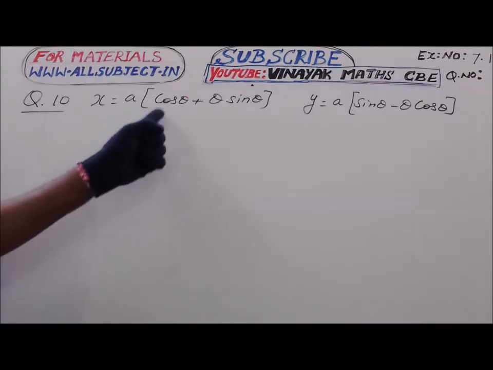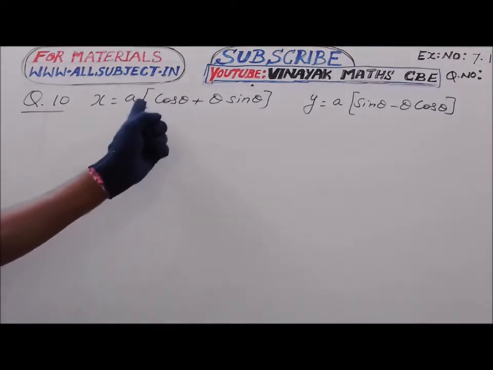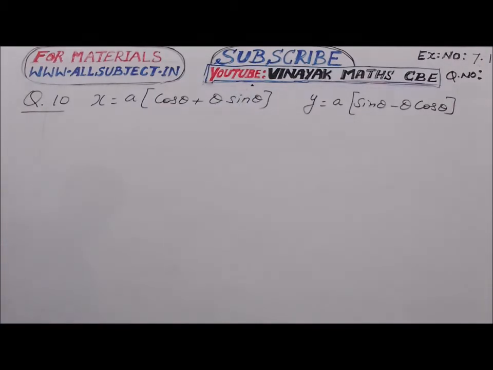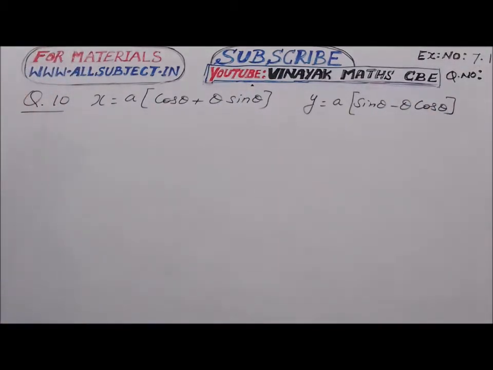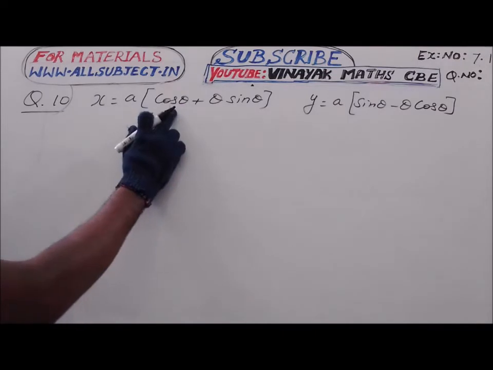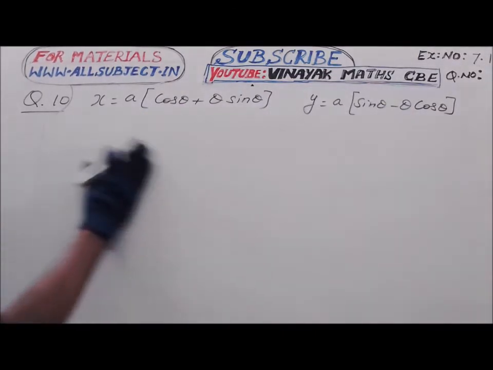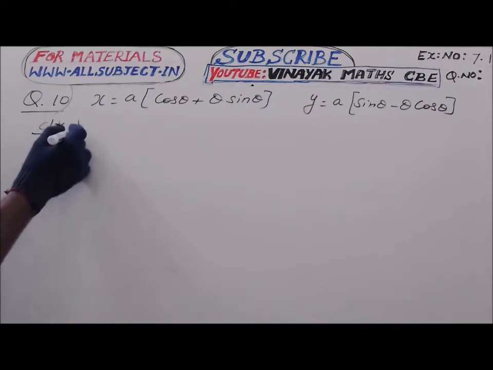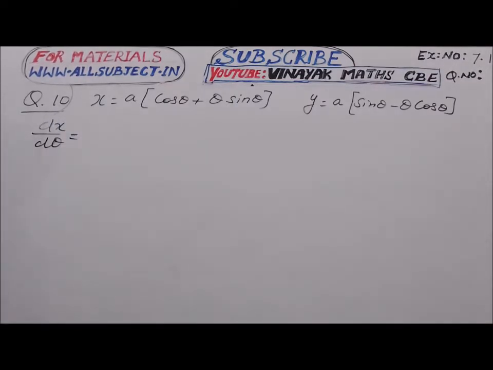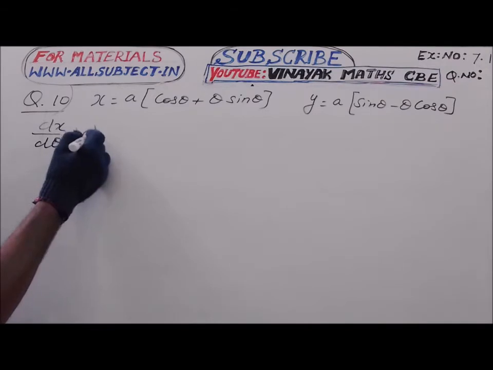Given x is equal to a into theta plus cos theta plus theta sin theta, y equal to a into sin theta minus theta cos theta. We should find dy by dx. X is a function of theta and y is also a function of theta. Differentiate x with respect to theta, dx by d theta equal to a, which is constant, in product, remains the same.